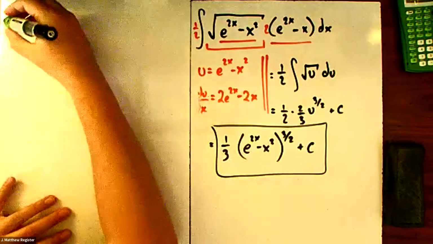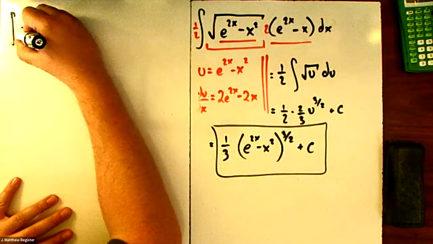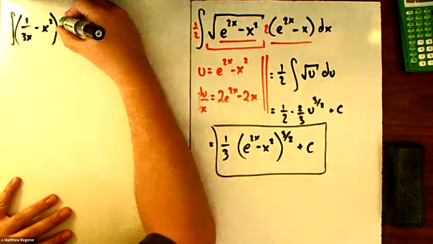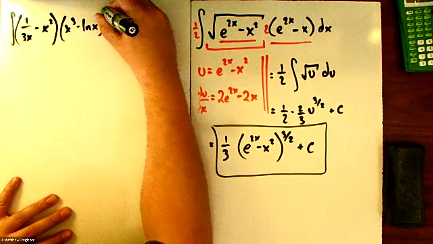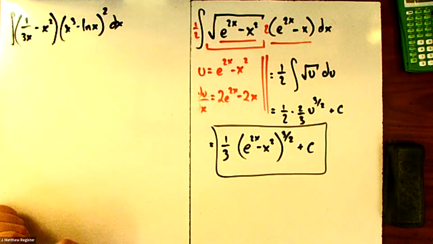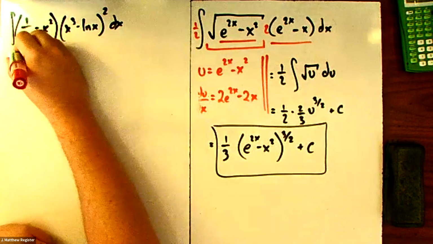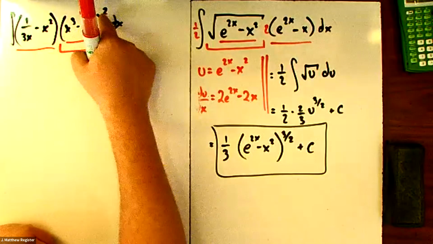So here's another example. The integral of 1 over 3x minus x squared, x cubed minus natural log of x squared. So again, the question might be, which function has the interior function? And well, looking at this, we have this thing times this thing, which is squared.